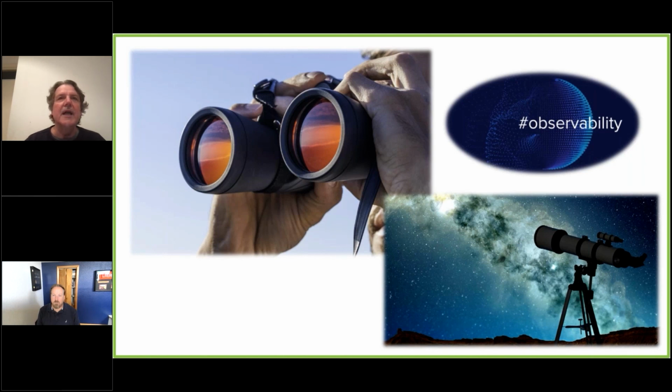a collection of complex behaviors among different microservices. If you just looked at one microservice alone, it would not necessarily be acting anomalously, or it would be acting within the bounds of normal behavior.